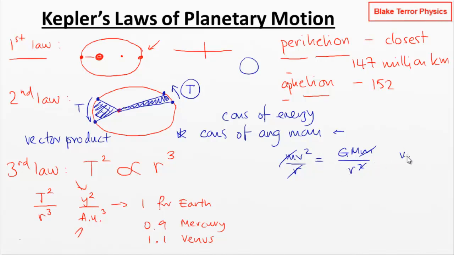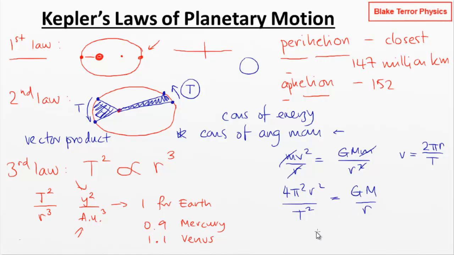We also know that v, because we're talking about the speed of the planet in its orbit, well, if we're saying it's a circle, then we can do 2 pi r over T. That's just our distance over time is our velocity of a planet going around a circular orbit. So we're going to end up with 4 pi squared r squared over T squared for our v squared is going to be equal to GM over r.